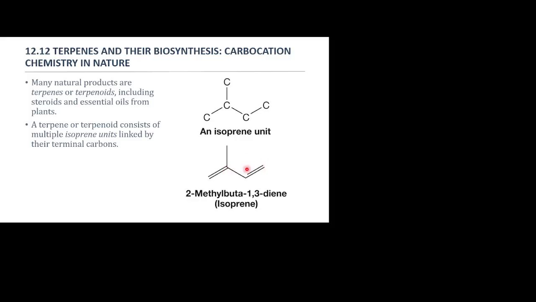And so what do you notice about these double bonds? Oh my goodness, it looks like the stuff we've just been talking about, right? This is without the double bonds being expressed, because that's just the basic isoprene unit. This would be a complete isoprene unit with the double bonds. They can be in different locations.